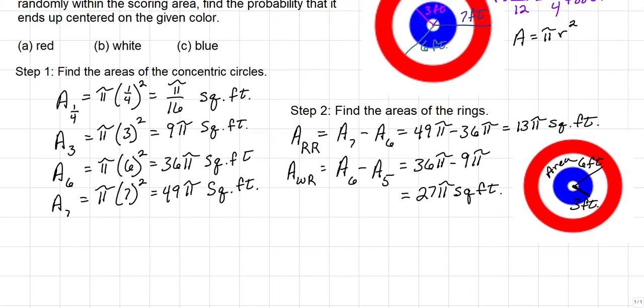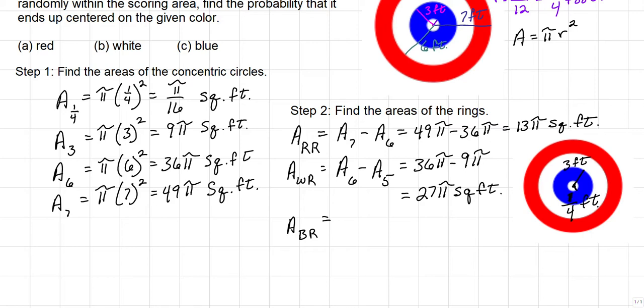The next thing that I want to do is find the area of the blue ring. The area of the blue ring, if you're following along, is going to be, and let me erase my markings, the area of the circle right here that has a radius of 3 feet. And we're going to subtract the area of the circle that has a radius of 1/4 foot.